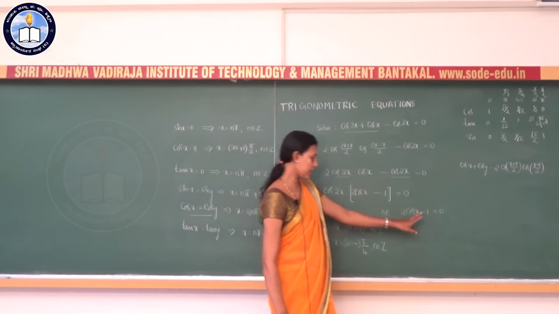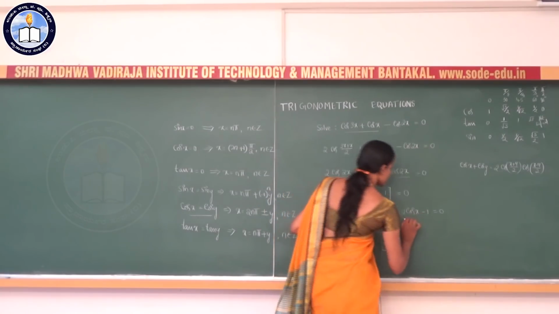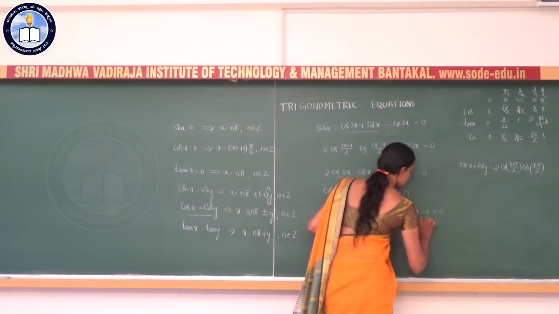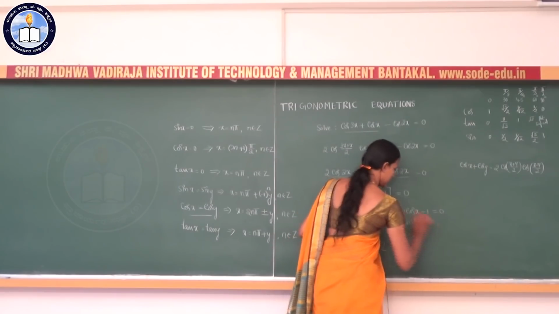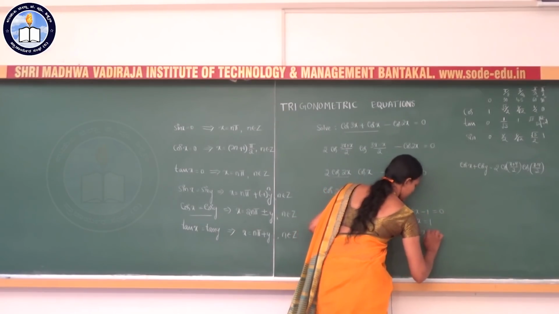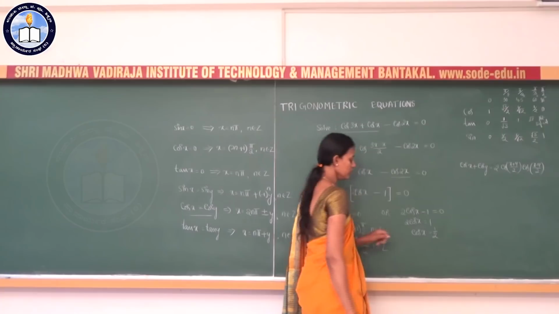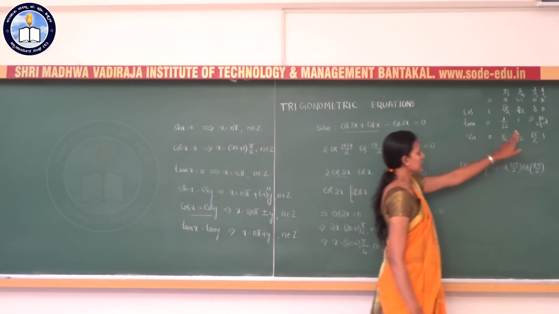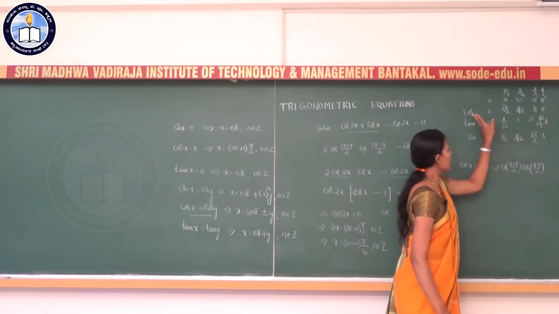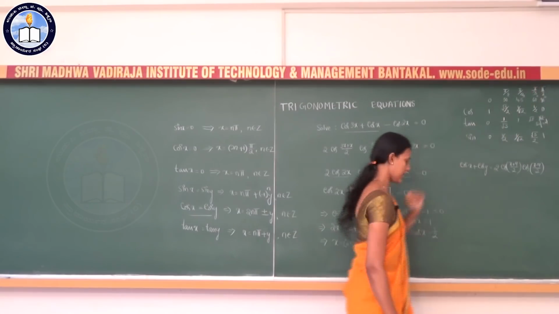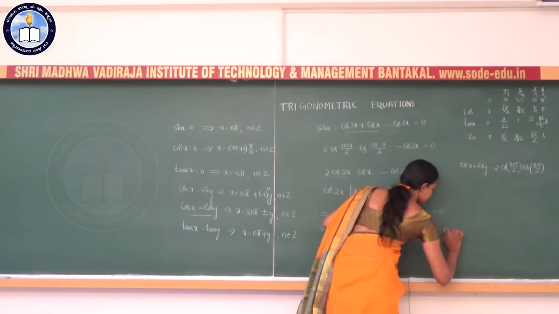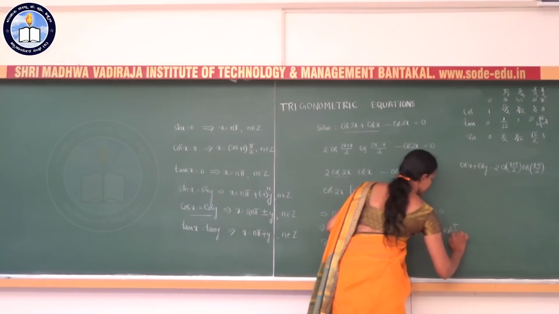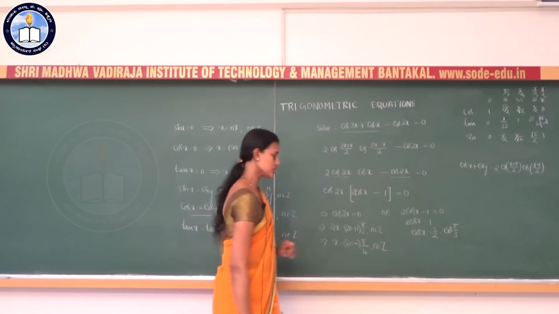Also let us simplify the second expression. 2 cos x is equal to 1. So cos x is 1 by 2 and 1 by 2 can be written as cos of pi by 3. So cos x is equal to cos of pi by 3.